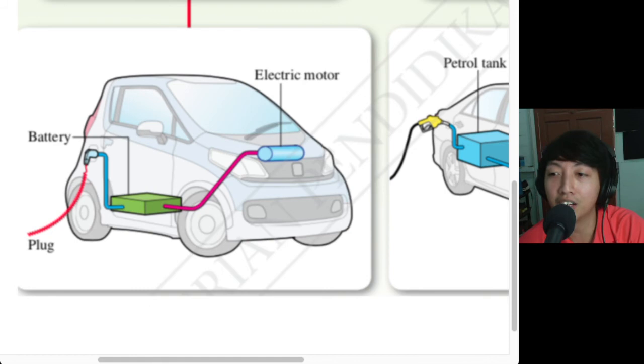Okay, good question. I'll repeat the question. So basically, is this electric car the same as those RC remote control cars we had when we were kids?